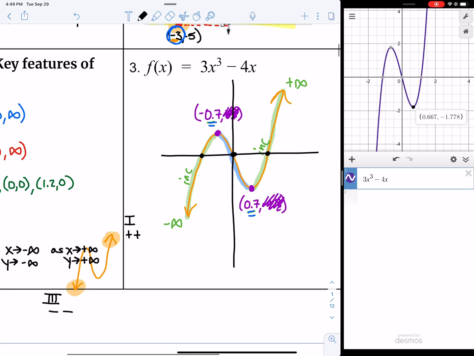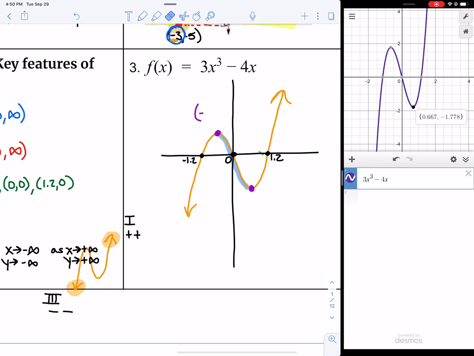Negative 1.2, 0, and positive 1.2. And I'm going to try to clean up a little bit of my drawing so you can see this a little better. So hold on one second. Let me get things cleaned up a little bit.